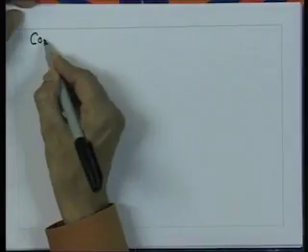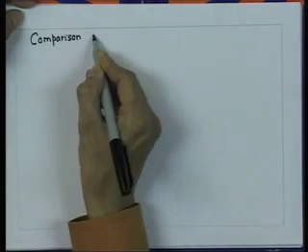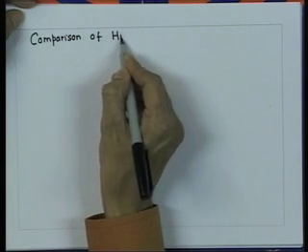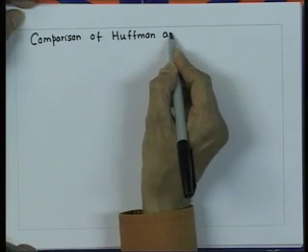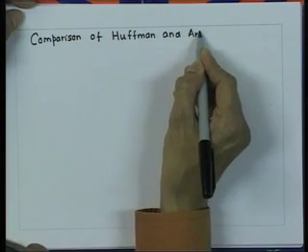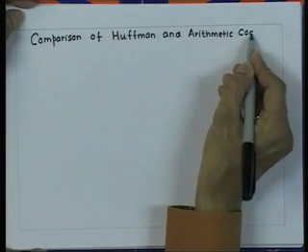So, let us look at some of the points, advantages and disadvantages related to both Huffman and arithmetic coding. Comparison of Huffman and arithmetic coding.